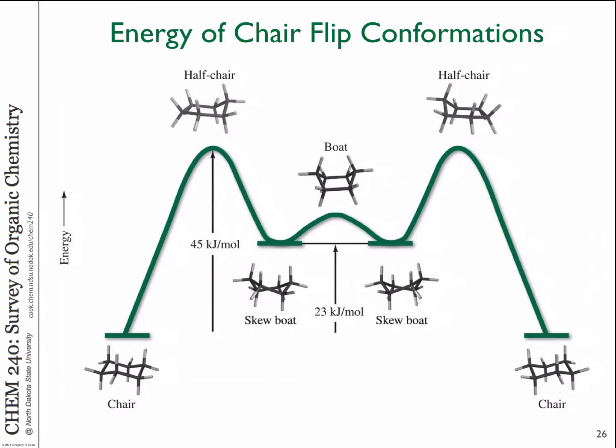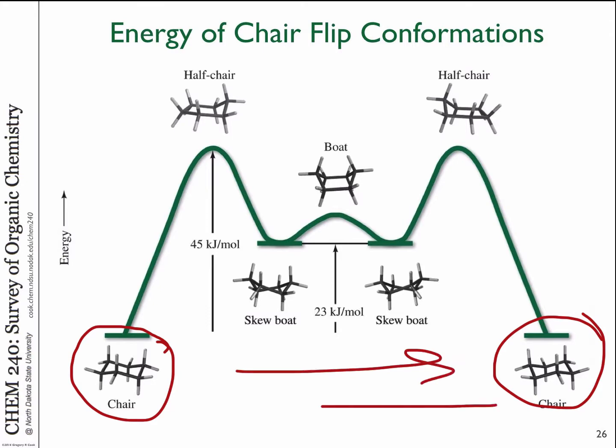So this diagram is a little more detailed to show you various different conformations of the molecule, but the ones that we consider mostly, there's a significant energy difference between the most stable chair structures here and here, that's what we were just seeing, the ring flipping, and any other structure in between that you could draw. Those are all higher in energy by a lot. So here, 45 kilojoules per mole.